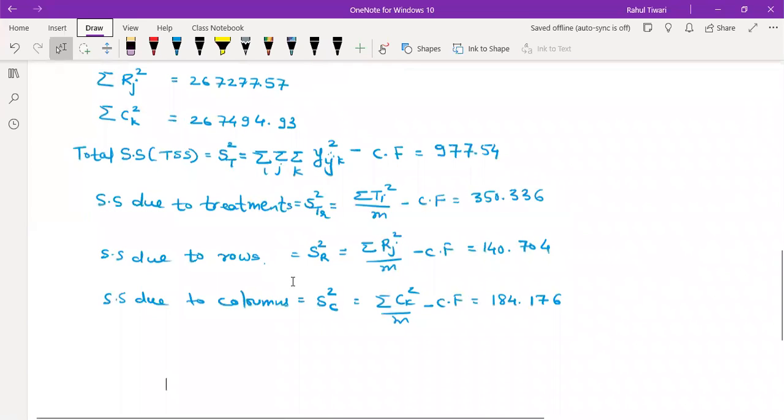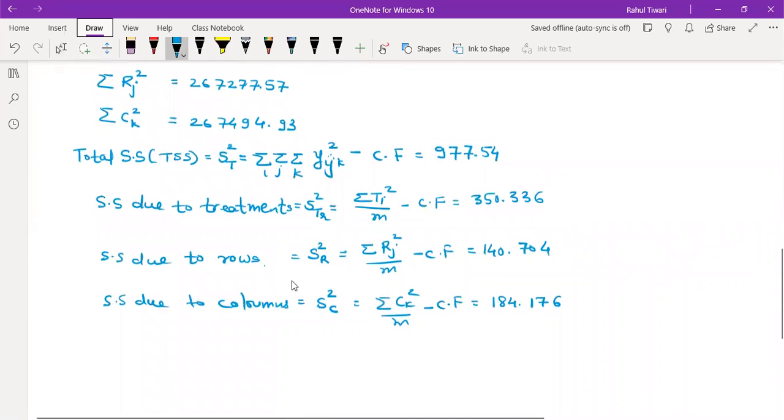Like, we have to define the hypothesis. So what is your hypothesis?